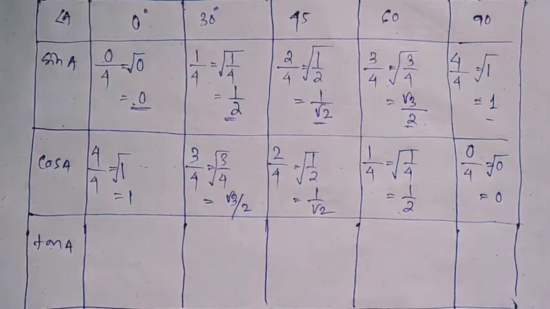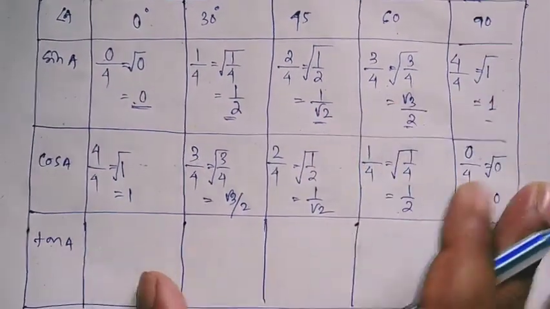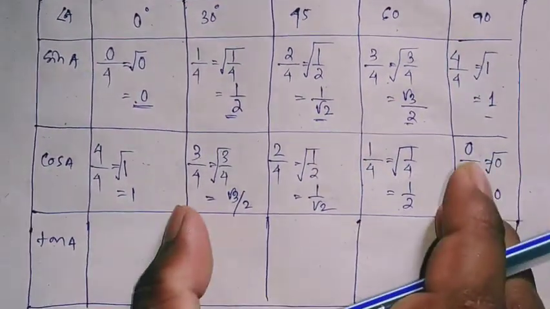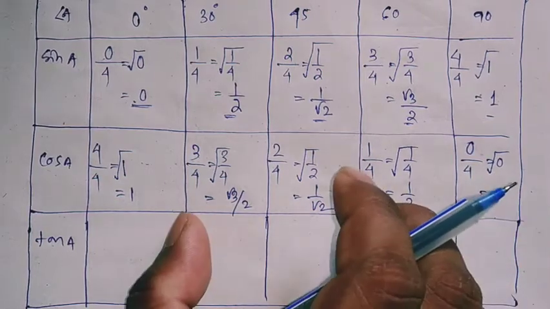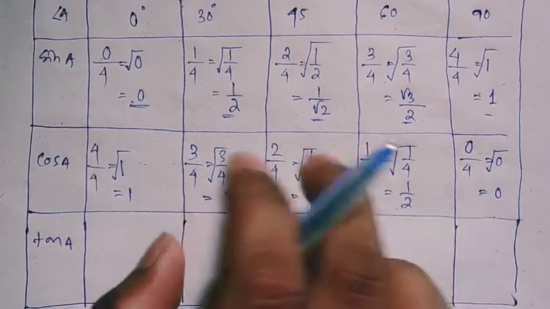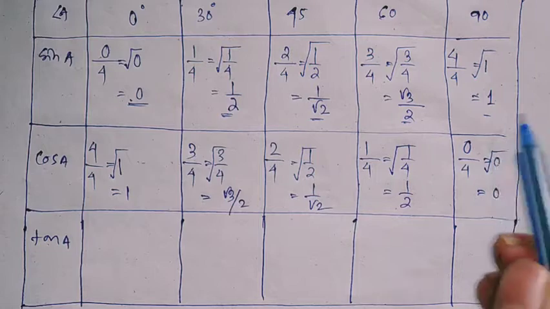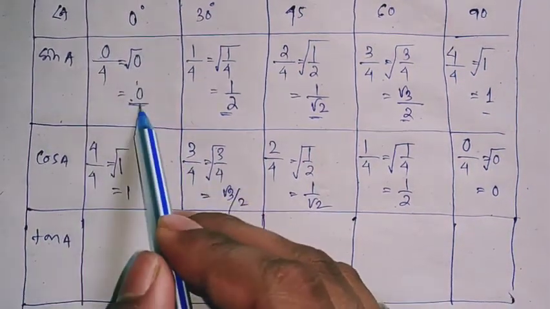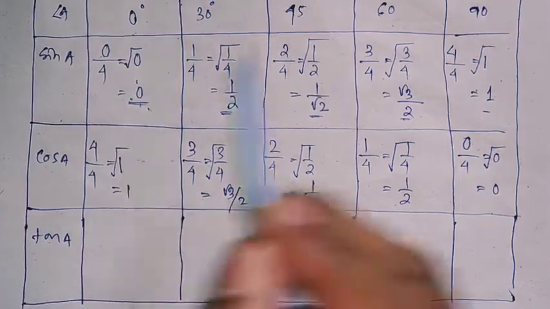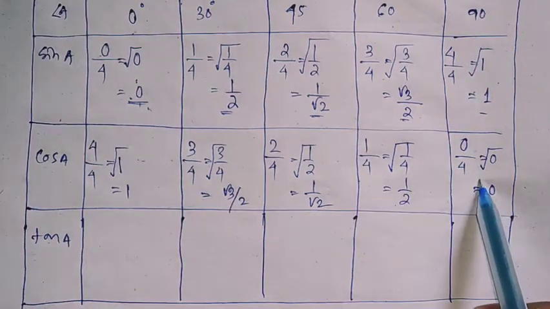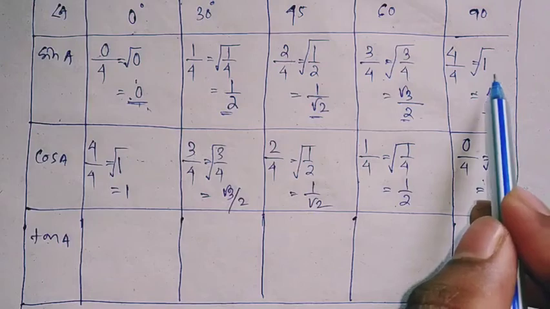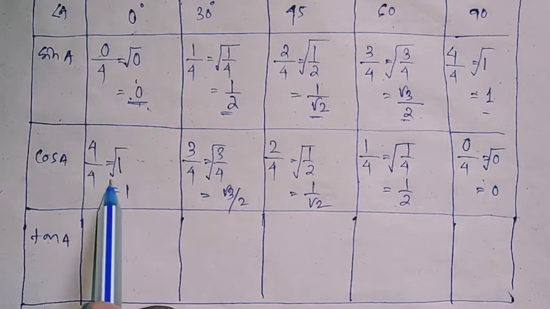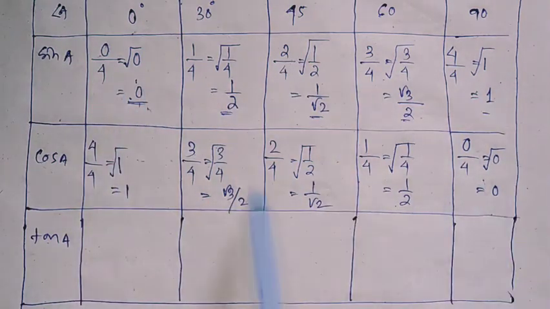So you do not have to remember the values of cos, because if you see carefully here, the values are reversed. For sine A, sine 0 is equal to 0, so cos 90 is equal to 0. So we can go in this manner.